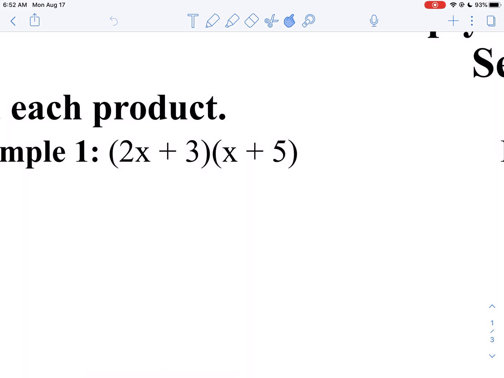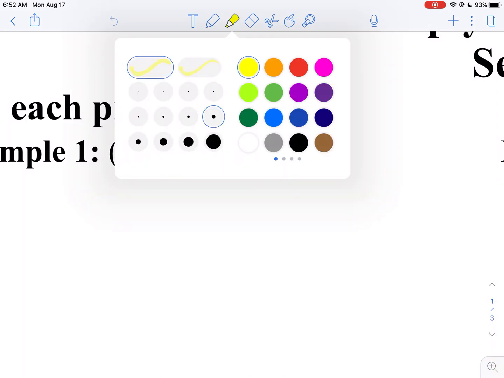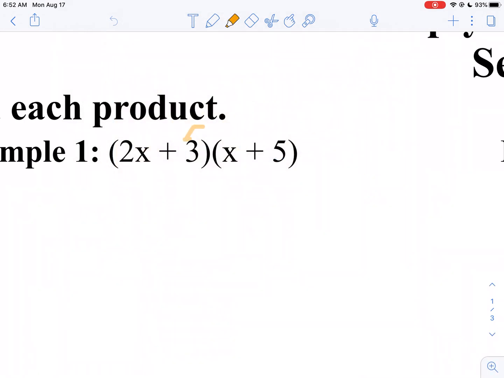our first parenthesis. So what we're going to do is take the 3 and distribute that to each term in the second parentheses. So we're going to say 3x plus 3 times 5 is 15.